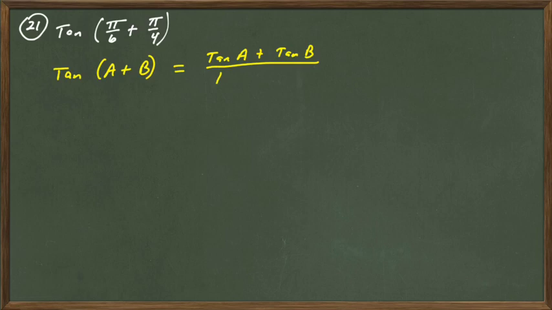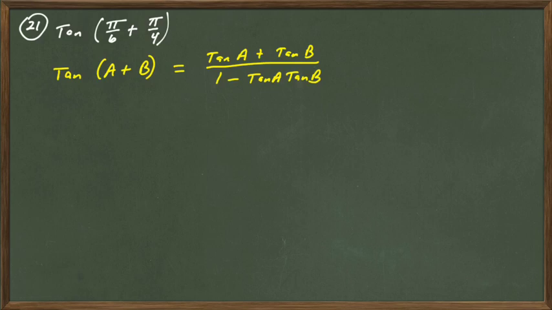21 is a tangent, so you need to know a tangent formula. The tangent formula of the tangent of A plus B is going to become tangent A, I believe the opposite, no, the same sign, so it'd be plus tangent of B all over 1 minus tangent A times tangent B. Let me just verify.